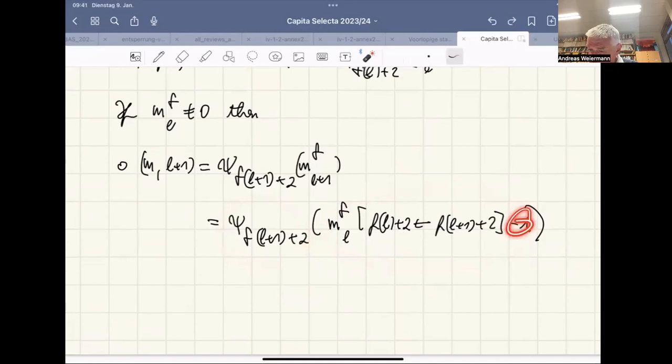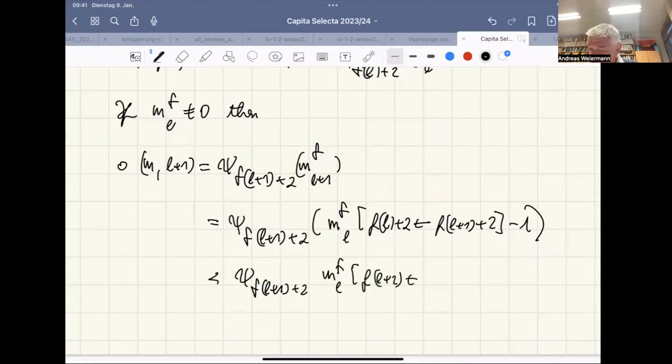So if I drop this minus 1, this is smaller than psi FL plus 1 plus 2 MFL, where FL plus 2 is replaced by FL plus 1 plus 2, and then no minus 1.